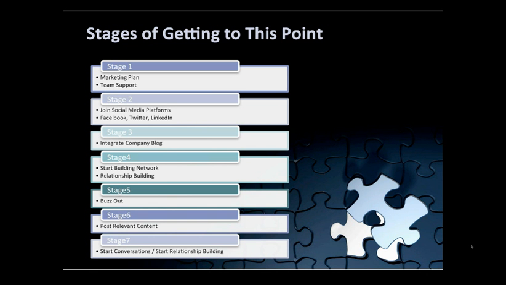Step 6 is post relevant content. So this kind of goes into that as well, self-promotion. You want to be giving potential customers good, useful information that will help them. For one, that establishes you as an expert, and we have a whole webinar on that as well. It also helps to show that you are on top of your industry.